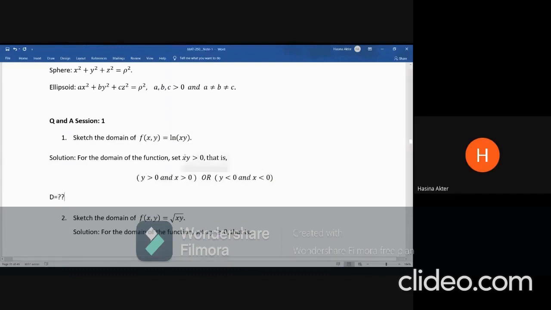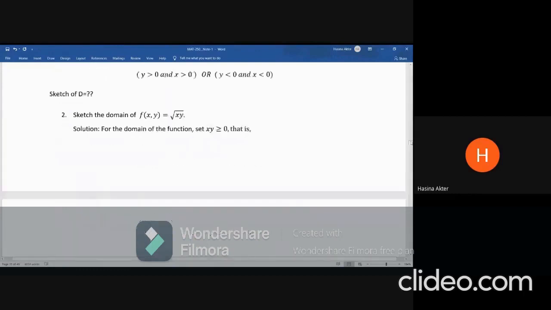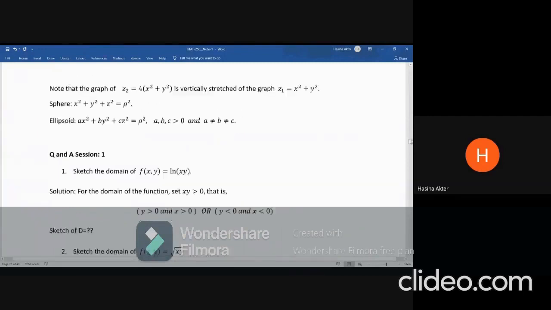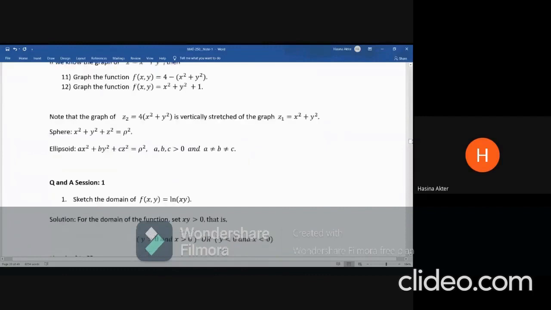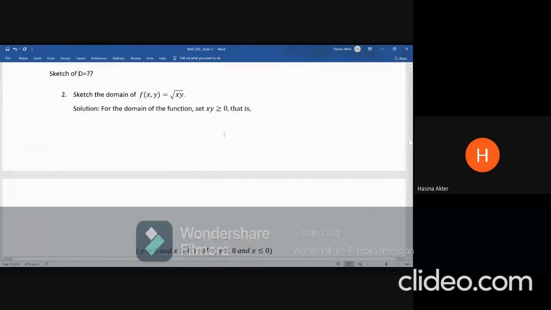The sketch of the domain, I meant. The same for the other one, I believe. They are close to each other, so they work together. I think it's a very good start.